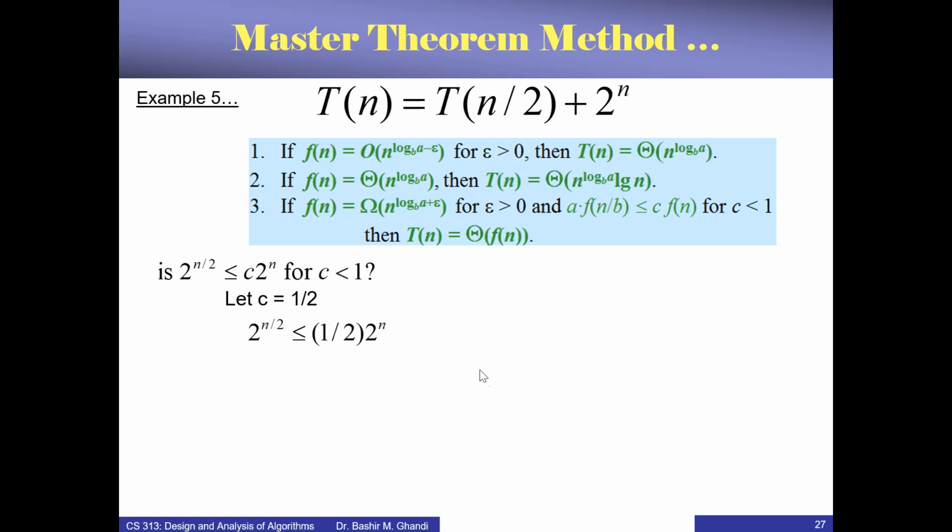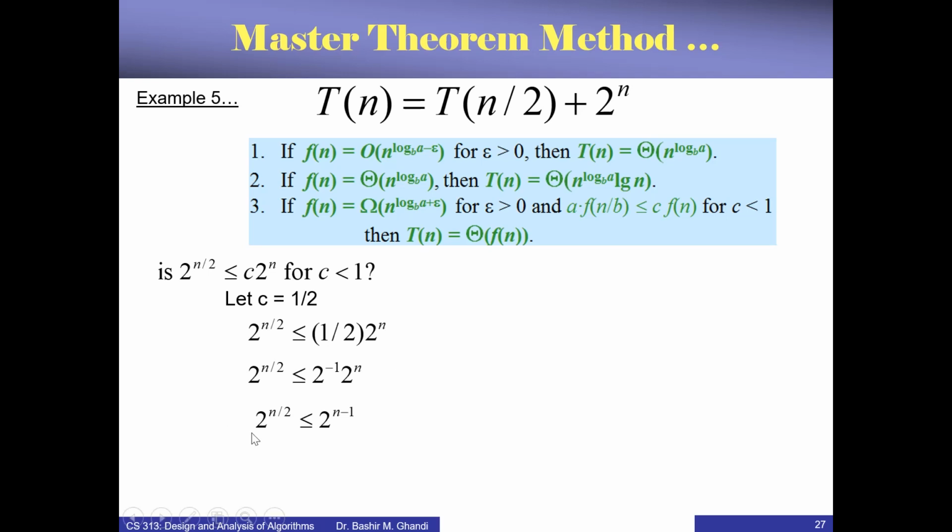Okay, so the left hand side remains of course as before, but now we are replacing c with half times your f(n), which is 2 to power n. Now clearly half is 2 to power minus 1. So now we have 2 to power minus 1 times 2 to power n. Clearly that is 2 to power n minus 1.